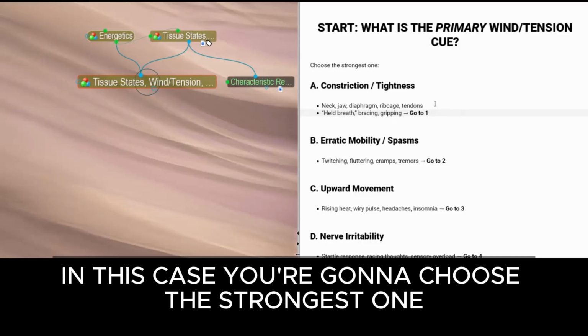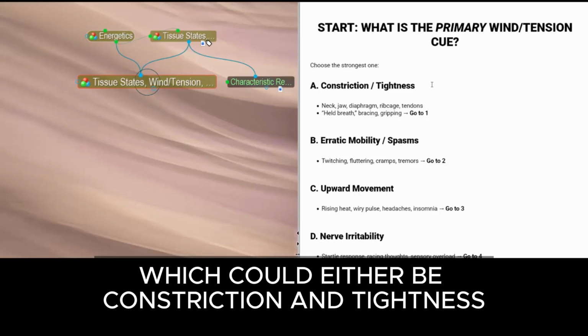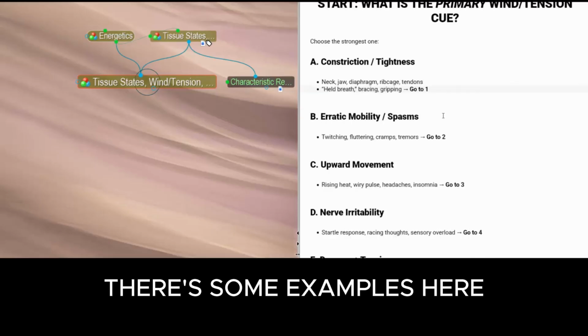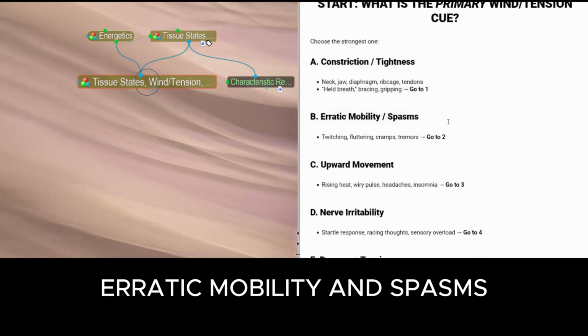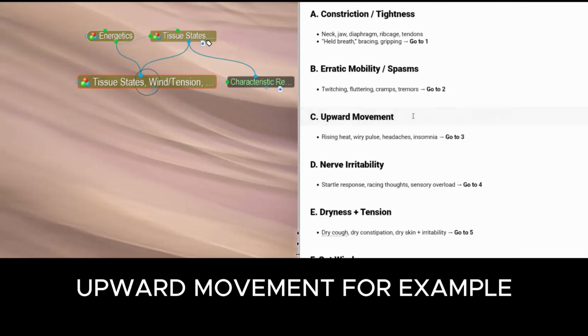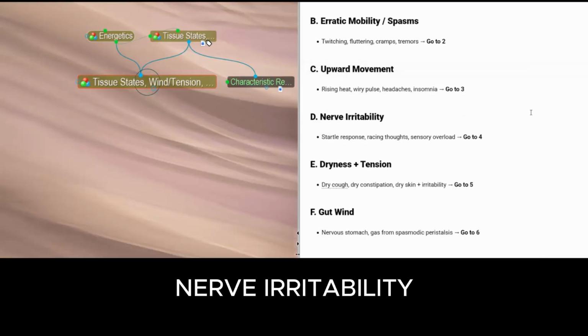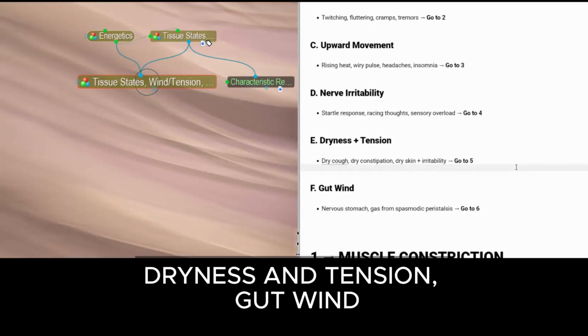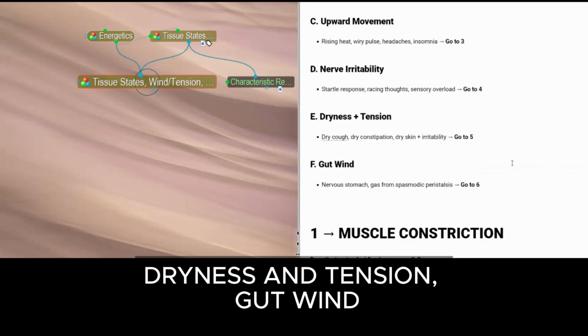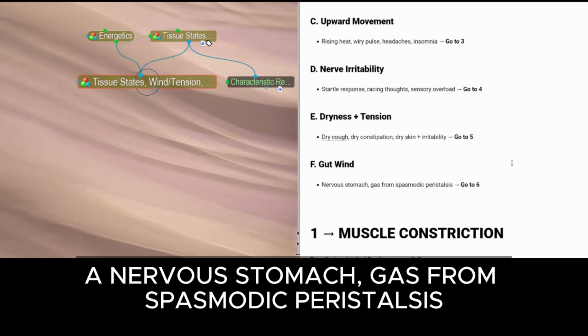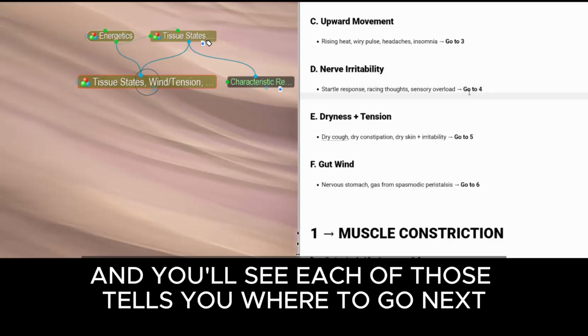In this case, you're going to choose the strongest one, which could either be constriction and tightness, there's some examples here, erratic mobility and spasms, upward movement, for example, rising heat, wiry pulse, headaches, insomnia, nerve irritability, dryness and tension, gut wind, a nervous stomach, gas from spasmodic peristalsis. And you'll see each of those tells you where to go next.